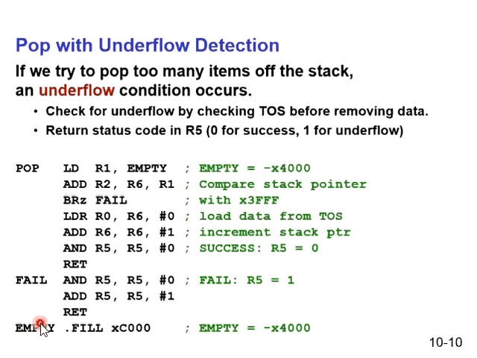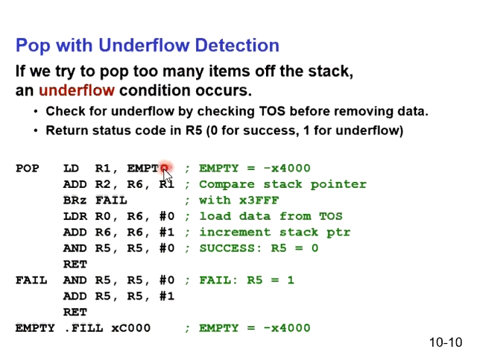So over here we have EMPTY, and we have the value for the location at the address EMPTY, C000. This is negative 4000. You remember 4000? This is the address of the bottom of stack.